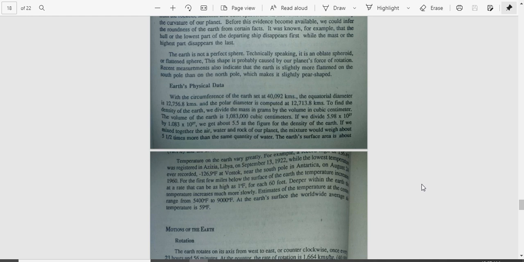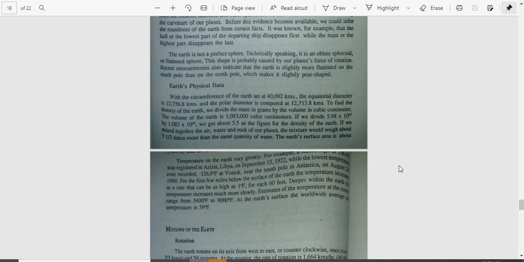If we divide 5.98 times 10 raised to 27 by that volume, we could get about 5.5 as the density of the Earth, if we mix together the air, water, and rock of our planet. The mixture would weigh about 5.5 times more than the same quantity of water.